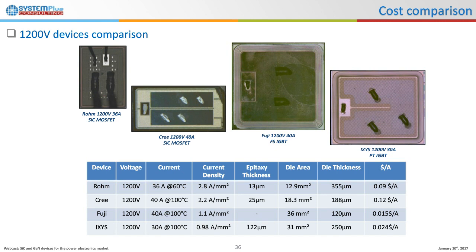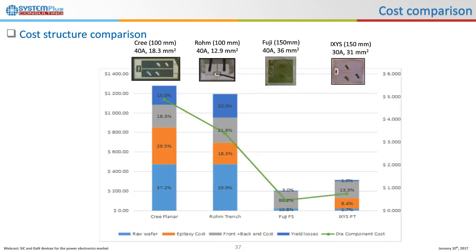Then if we try to understand the reason for these cost differences, we see that the main reason for the cost is the substrate. In fact, the silicon carbide substrate is much more expensive than a silicon substrate.